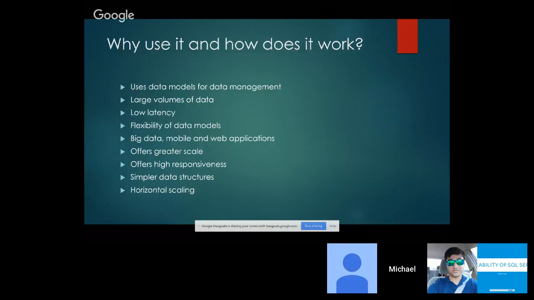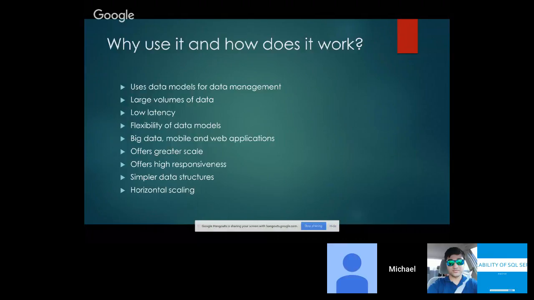From the research that I've conducted thus far, it can house large volumes of data. We've already talked about the low latency and the flexibility of the differentiation within data models, which can become more complex within relational databases as opposed to non-relational databases like NoSQL.